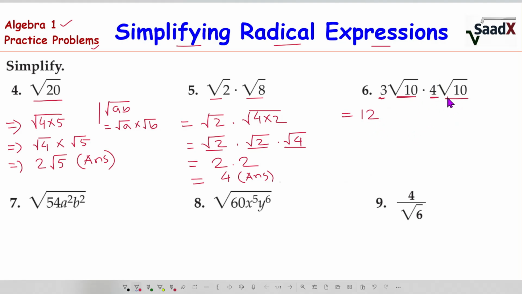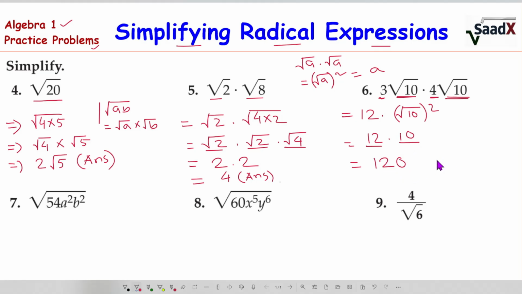Root 10 times root 10 means root 10 square, or we know root A times root A equals root A square, or directly we can write A. So 12 times root 10 square means only 10. Then 12 times 10 is 120. This is our answer.